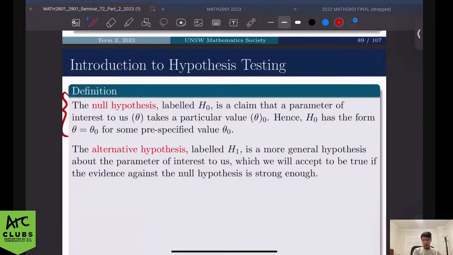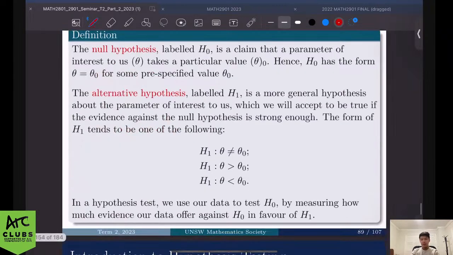The null hypothesis is a claim that a parameter of interest takes a particular value, theta 0. Therefore, H0 has the form theta equals theta 0 for some predefined value theta 0. And the alternative will take one of multiple forms.